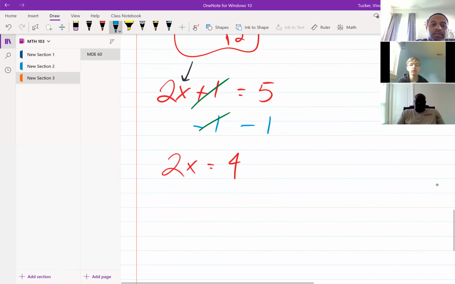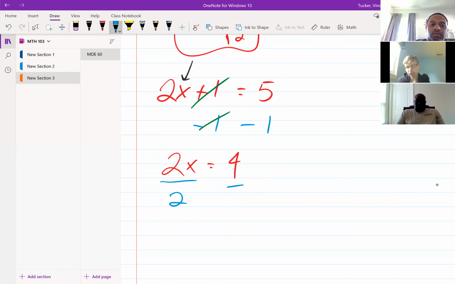From there, divide by 2. Bless you. I saw you. Thank you. And then divide by 2 on both sides. It cancels out on the left side. Then on the right side, 4 divided by 2 is 2.